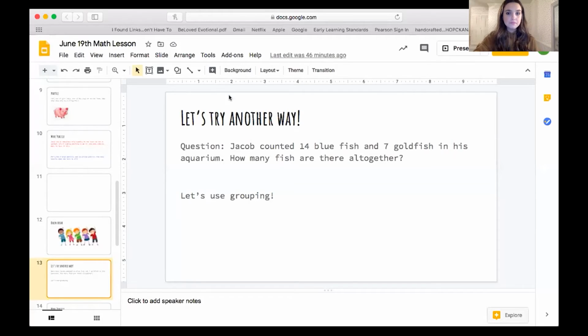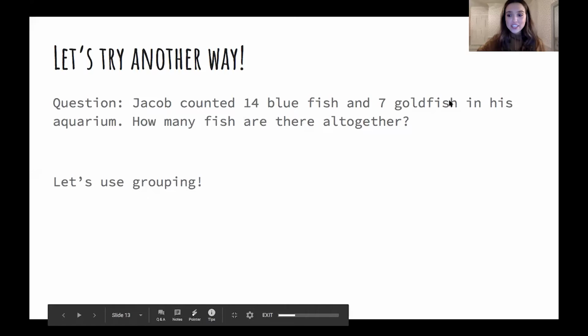So I'm going to share my screen with you guys once more so you can get all the information of how many he has and what the question is asking. But I did want to let you guys know that you've already done this question, so you are more than capable of doing it again. So there are 14 fish and 7 goldfish. Here is what I like to do.